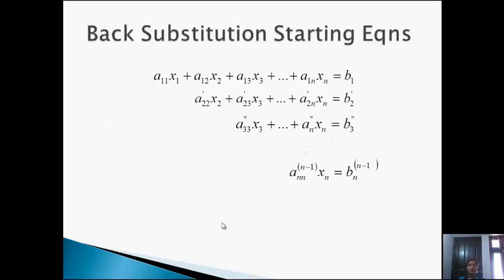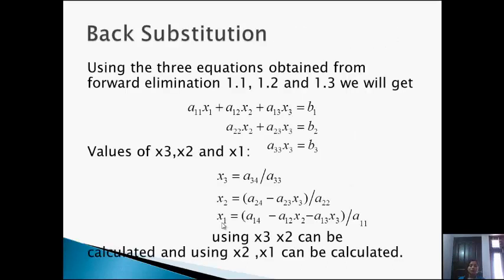Now the next step is back substitution. In back substitution, using the three equations obtained from forward elimination, 1.1, 1.2, 1.3, we'll get this type of equations. Now the values of x3, x2 and x1 can be calculated as follows. x3 is a34 upon a33, which can be calculated directly. We need not calculate any other x for this.